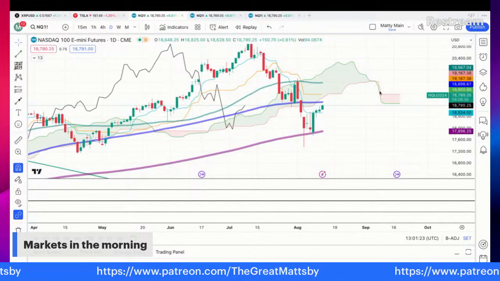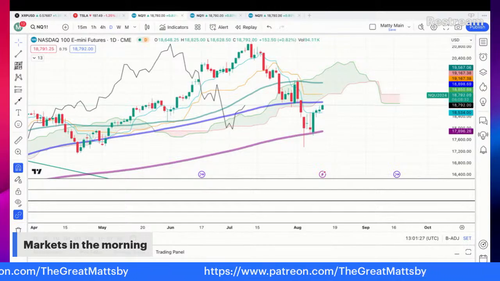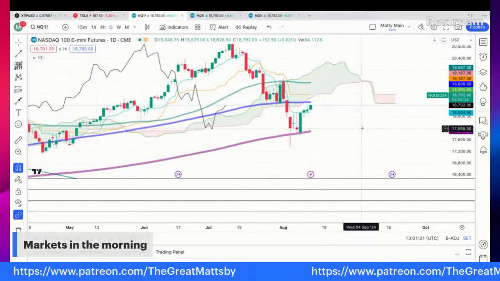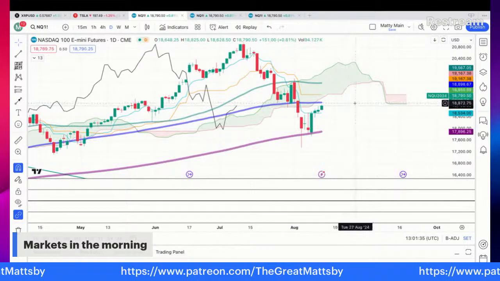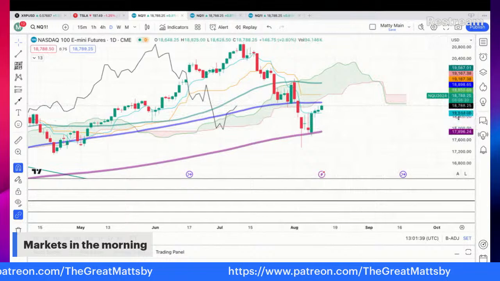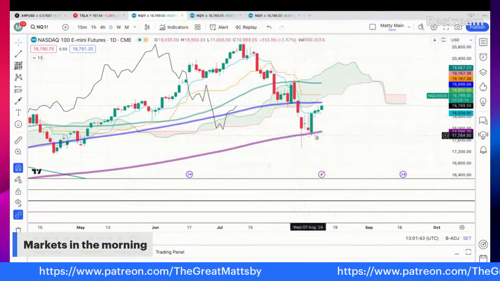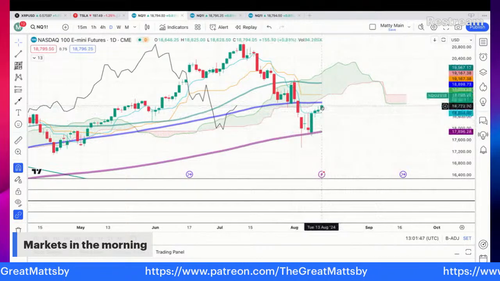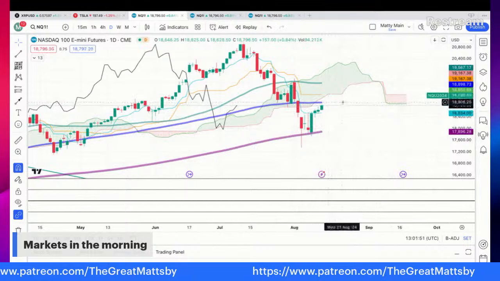What I can really point out right now, on the daily chart for the Nasdaq, is that it is approaching some resistance with the 100-day moving average. It is above that 18,534 level, which is a good thing. It did hold the 200-day very nicely, but now you can see price is approaching resistance for the Nasdaq E-mini futures.